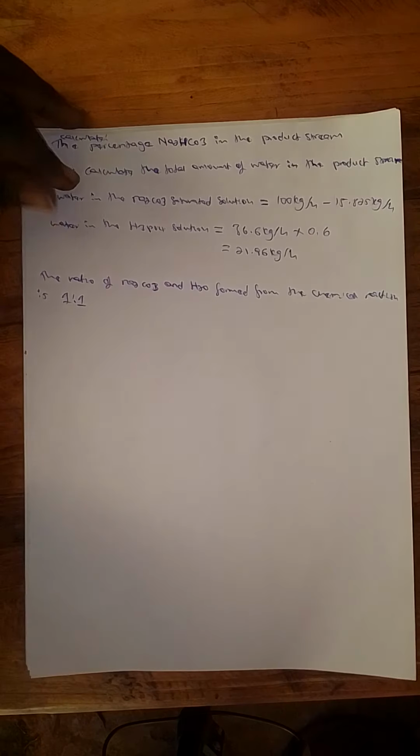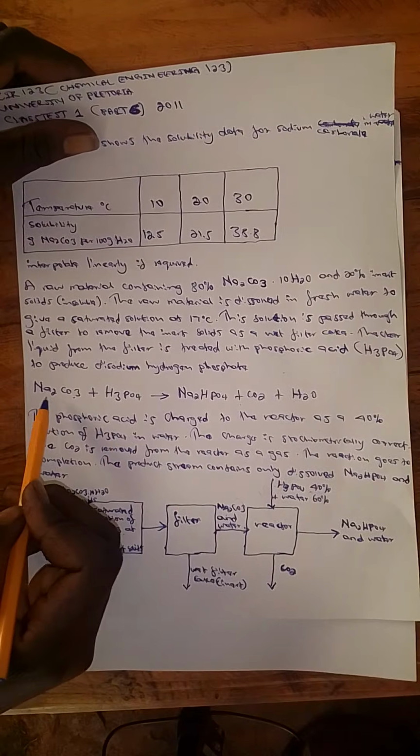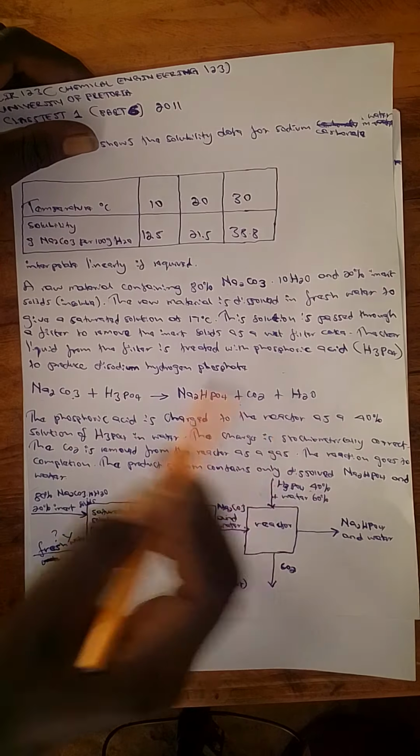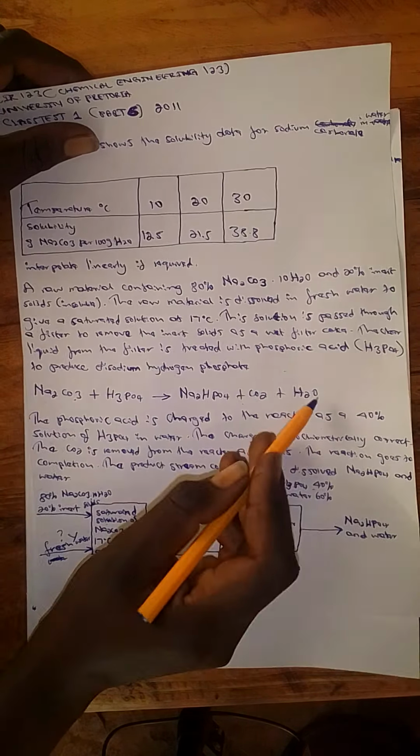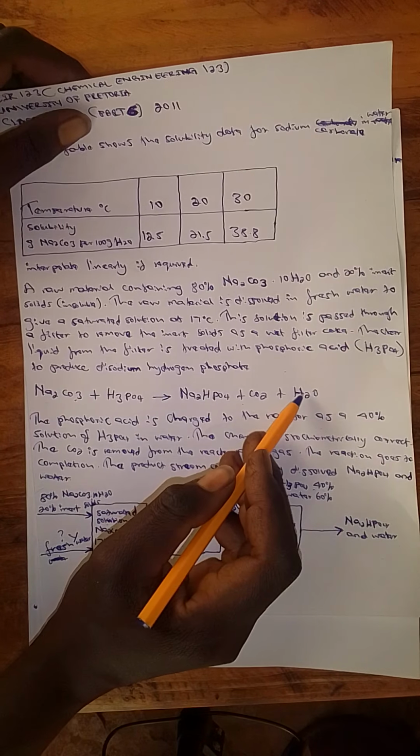And now if the ratio of Na2CO3 to H2O is 1:1, then the number of moles of Na2CO3 is actually the number of moles of H2O, and that is exactly what we're going to be doing.